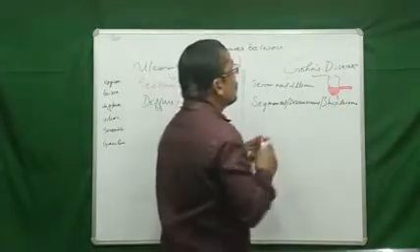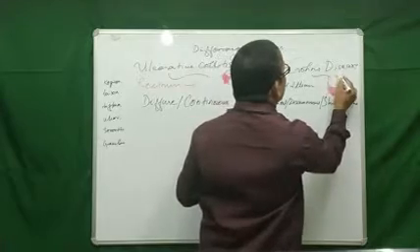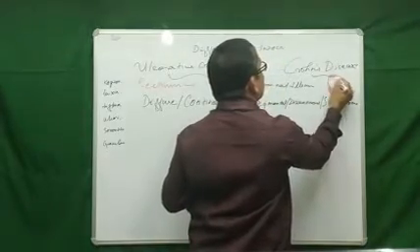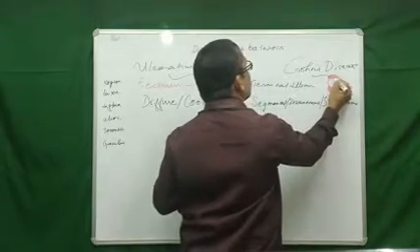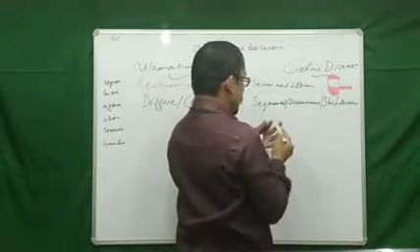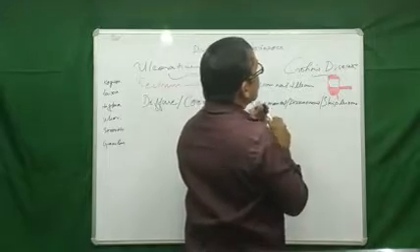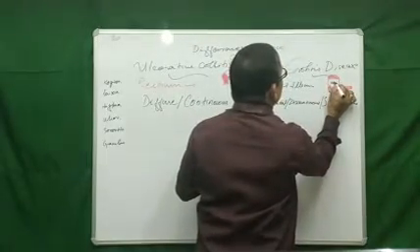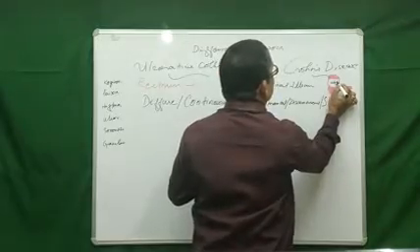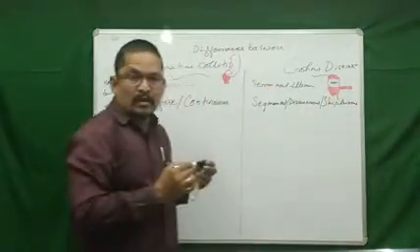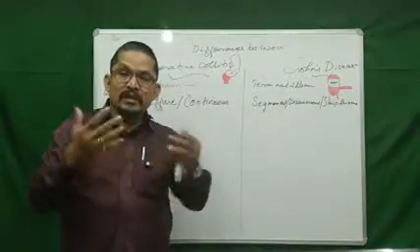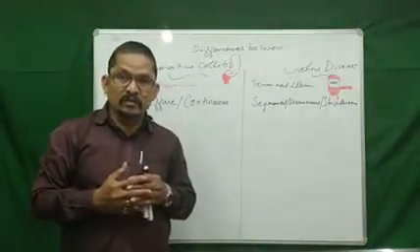That means an alternate affected area with a diseased area. It is the skip area. Skip lesions.